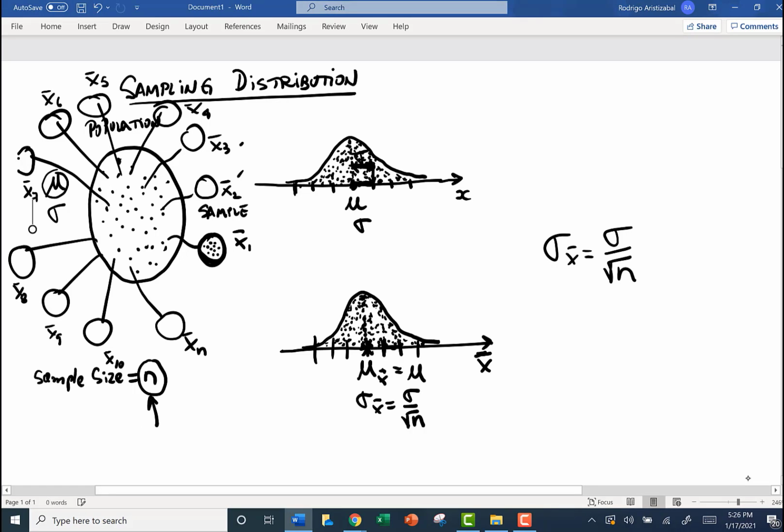If the sample size is bigger, for example like this, when I compute the mean of this sample, the mean will be closer to the true mean of the population.